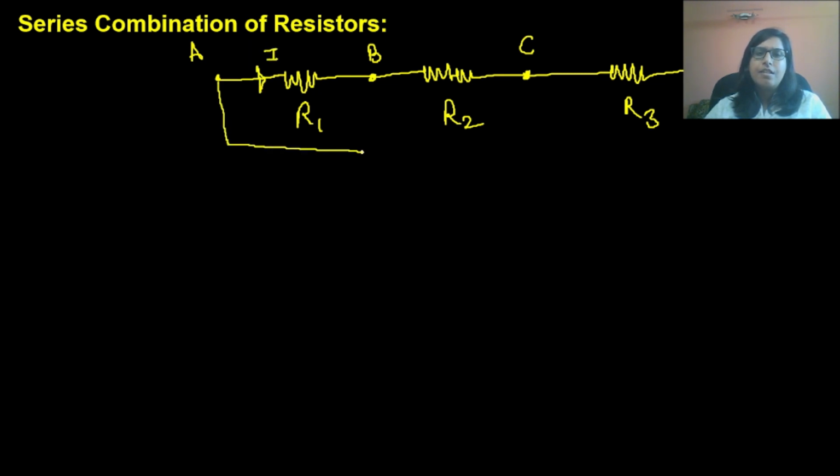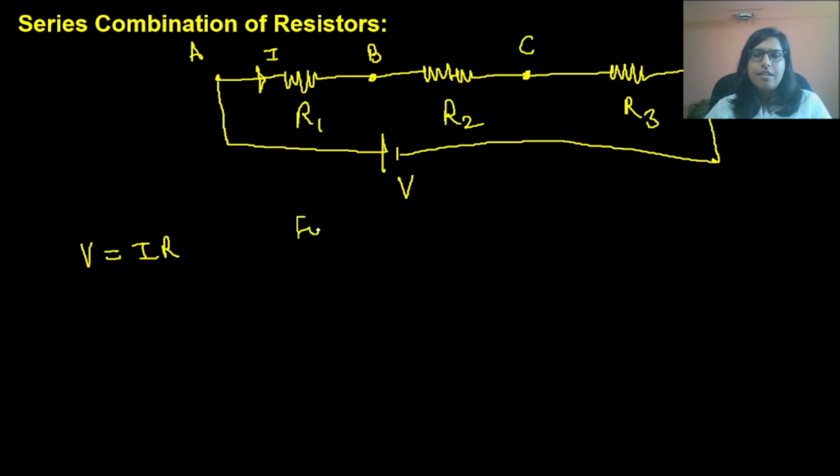If we connect this with a battery of voltage V, then V equals I R, we know, right? Now for resistor R1, if this voltage is V1, we can write V1 equals I into R1, and V1 will be high at point A and low at point B, right?